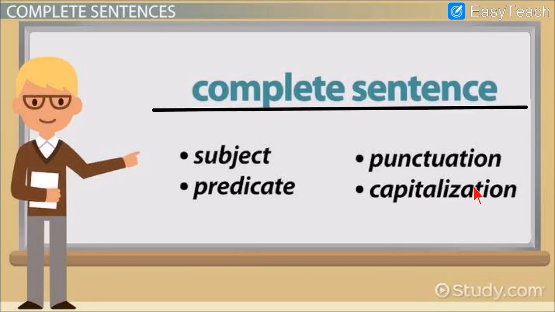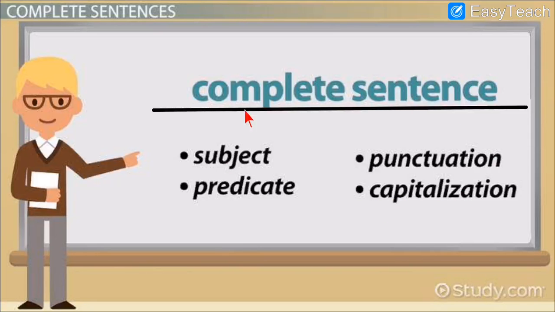Capitalization means the first alphabet of the sentence must be capital. And while you are writing 2 or 3 sentences together, for example a paragraph or a composition, after a full stop, after an interrogation mark, after an exclamation mark, the first alphabet must be capitalized.